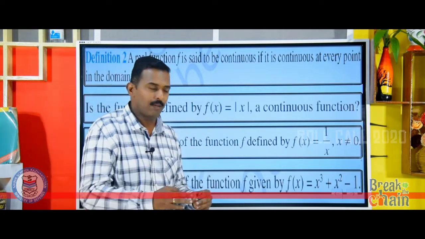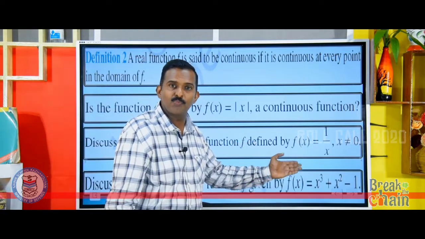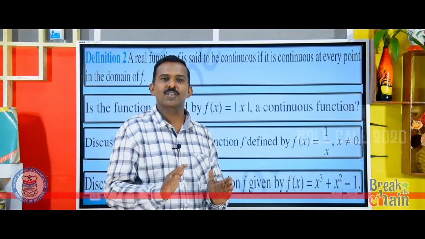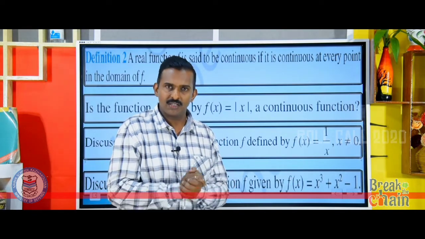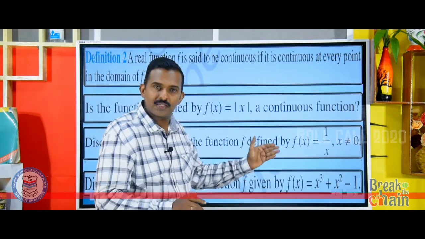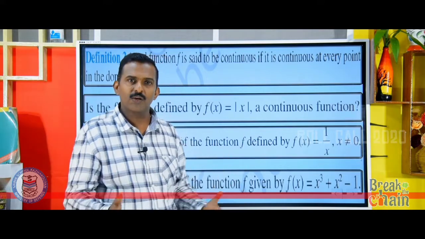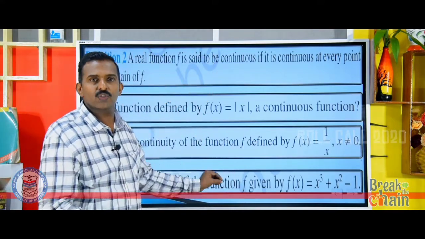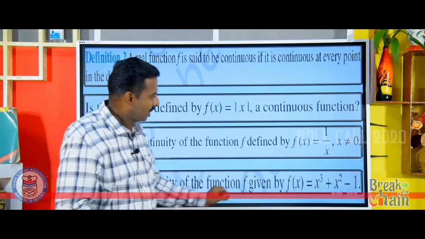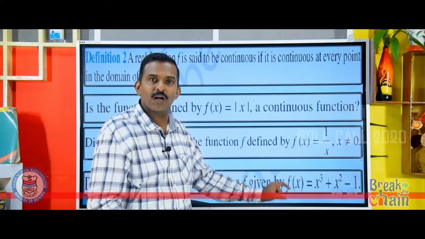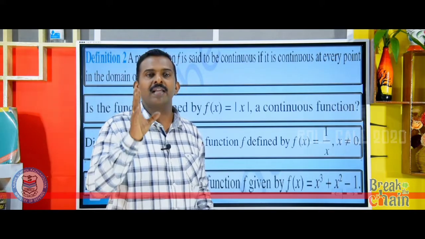If you calculate the limit, it will become c cube plus c square minus 1, which is equal to f of c. Therefore, this function is also a continuous function. This function f of x equal to x cube plus x square minus 1 is continuous in its entire domain.